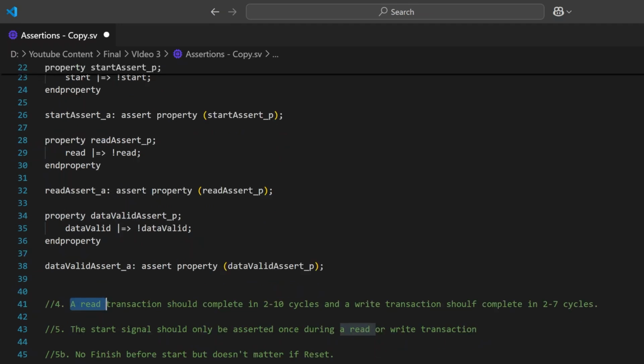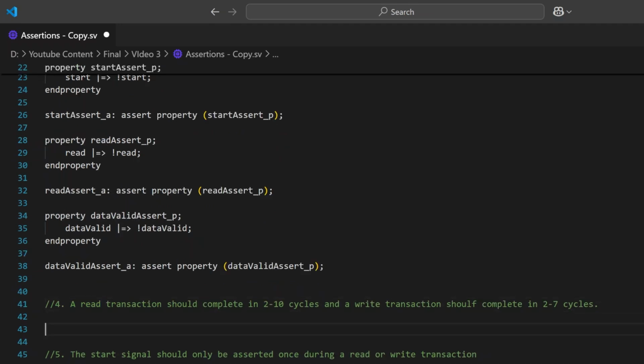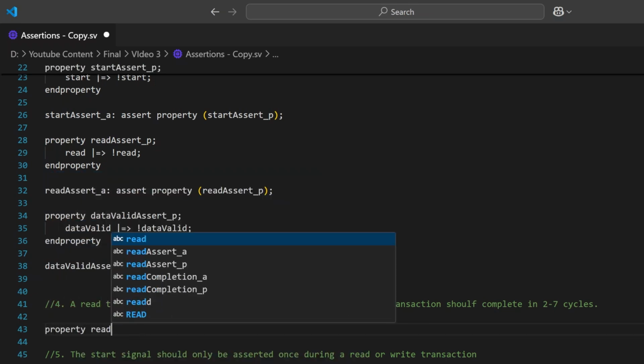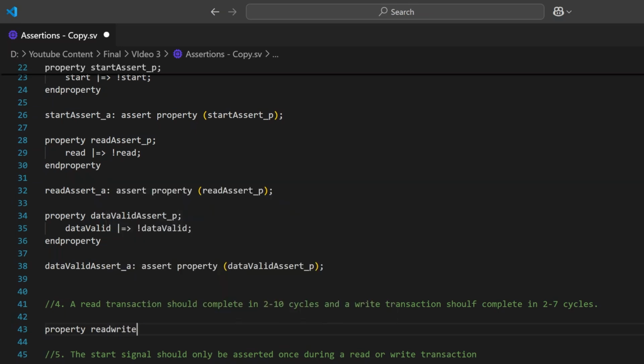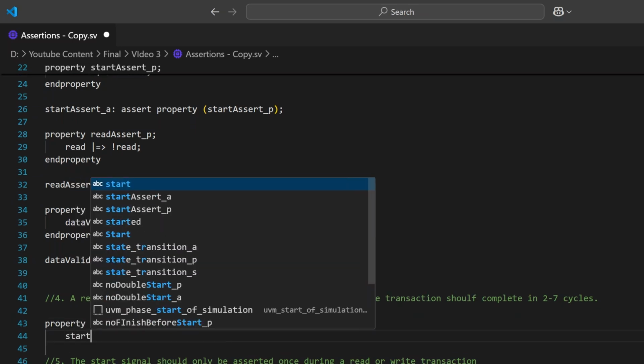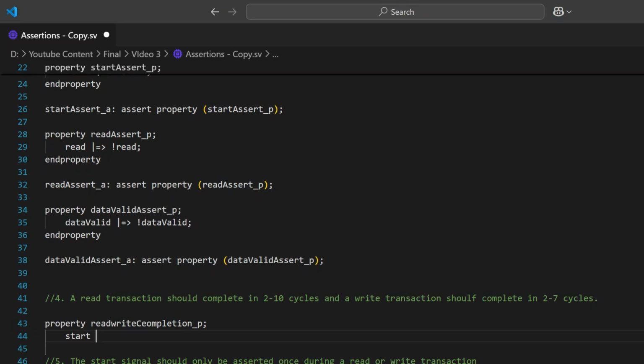So let's begin. So I will be using the non-overlapping implication operator here.